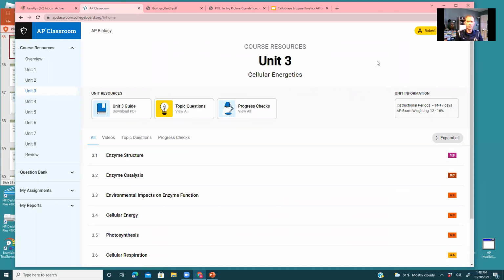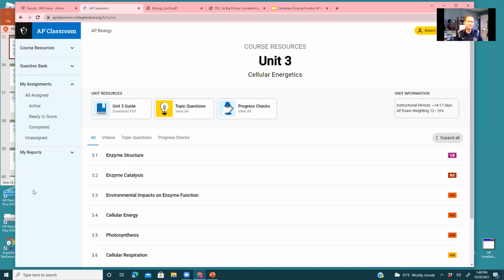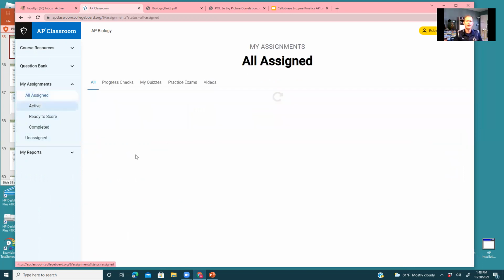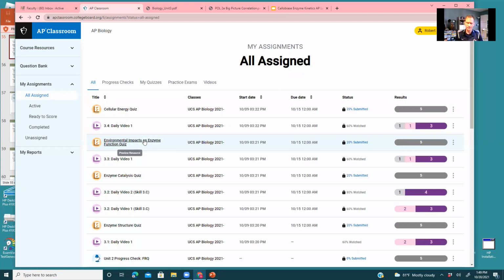I understand Joseph told me he had a little difficulty finding what to do. Click on My Assignments, and it should bring up all of your active assignments. Now, this is the instruction way, but go to All Assigned, and basically you should see a list of everything I've given you, including those progress checks. All right. So you can go back and look at your old stuff there.